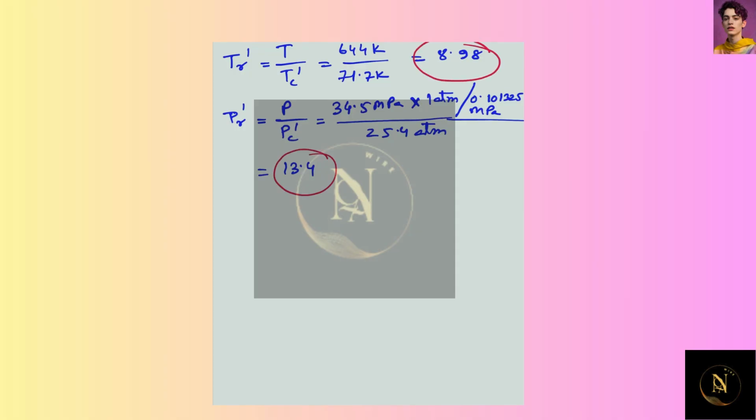Now at this pseudo-reduced temperature and pseudo-reduced pressure, the Z factor is 1.18. Now we can calculate the volume of gas using the compressibility factor equation. Therefore, the volume of gas necessary is the Z factor multiplied by the number of moles of gas, RT, divided by the pressure.